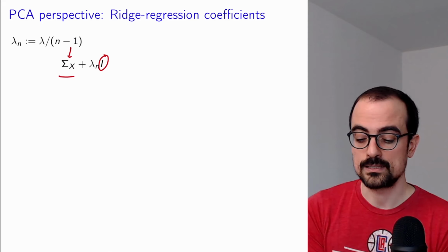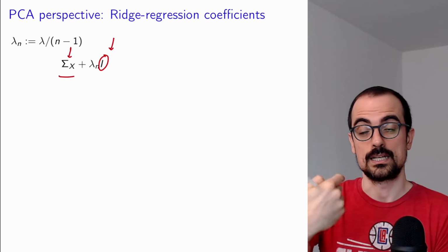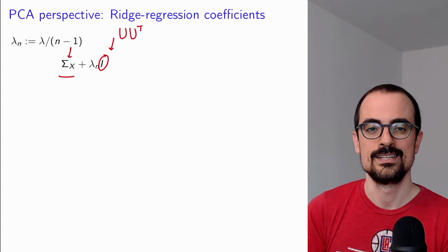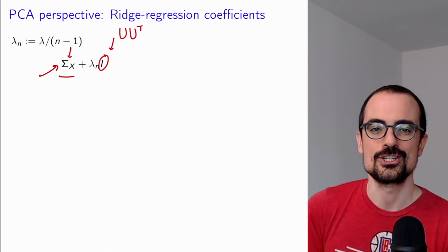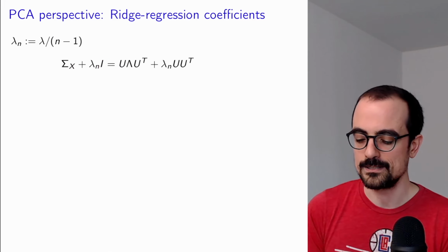You have to remember that for any orthogonal matrix formed of orthonormal columns, I can always write the identity like that. So I can choose the one that contains the principal directions of the sample covariance matrix of our features to make my life easy.